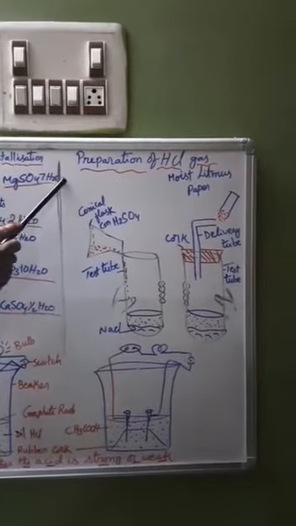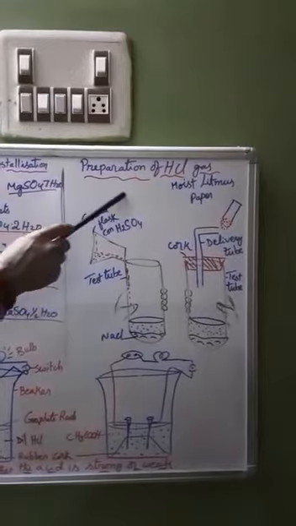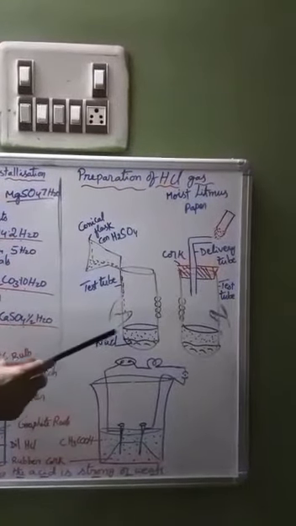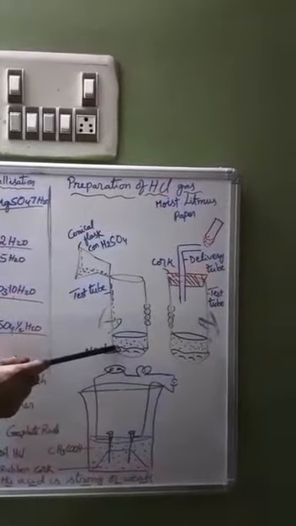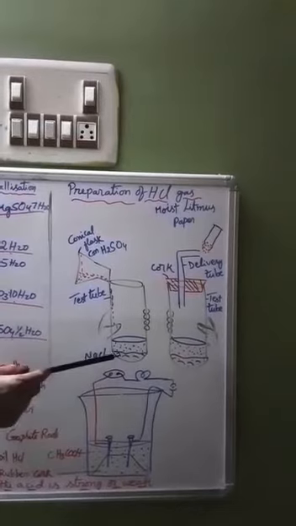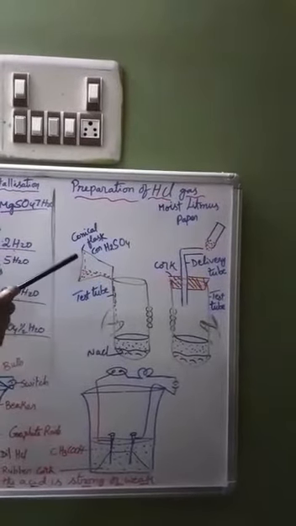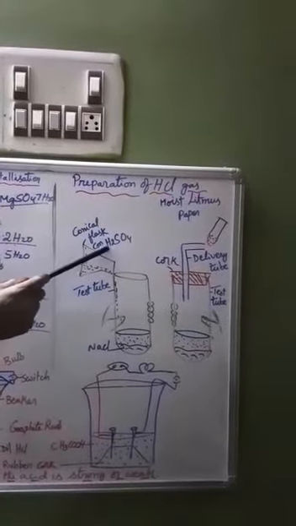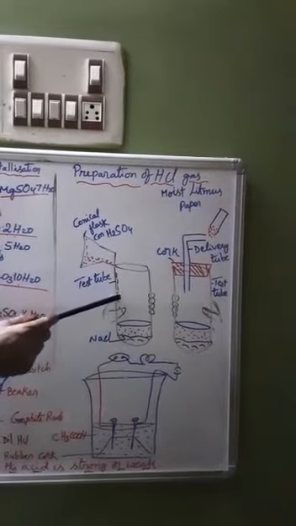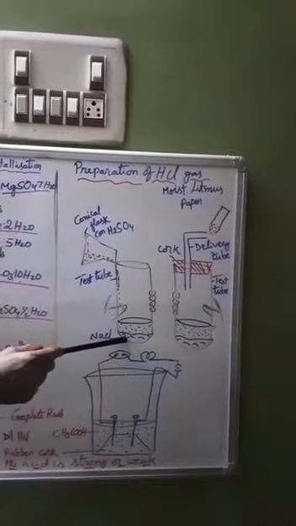Now the next activity is the preparation of hydrogen chloride gas in the laboratory. Let us take one dry test tube with NaCl crystals. NaCl means common salt, and let us add concentrated sulfuric acid with the help of a conical flask, dropwise, to the sodium chloride.